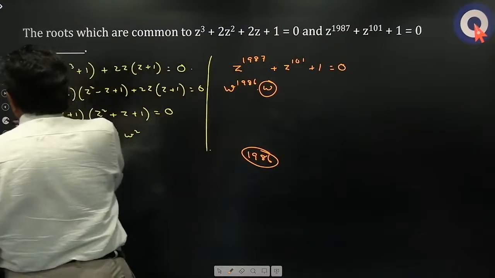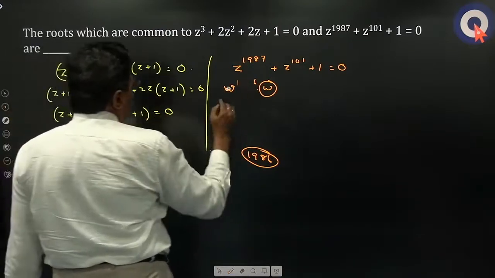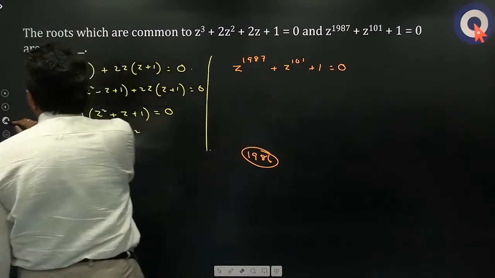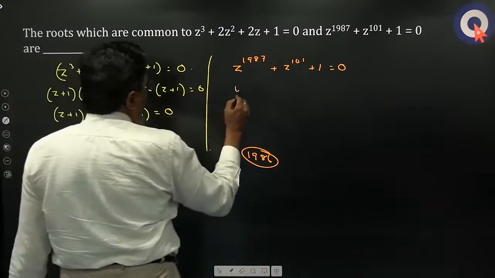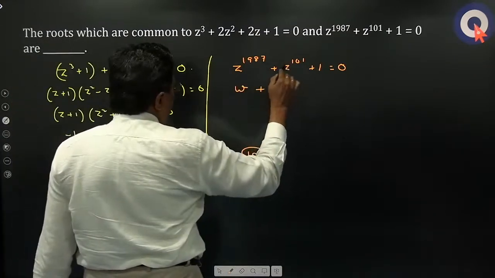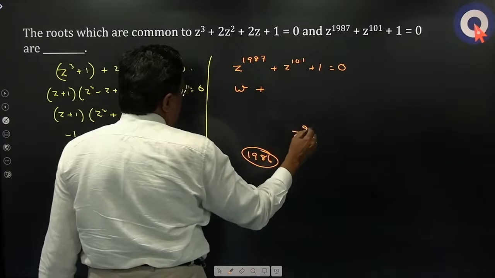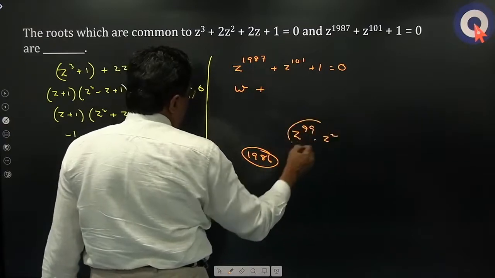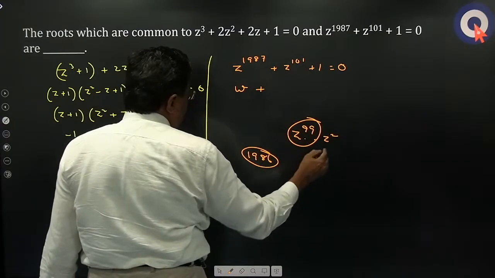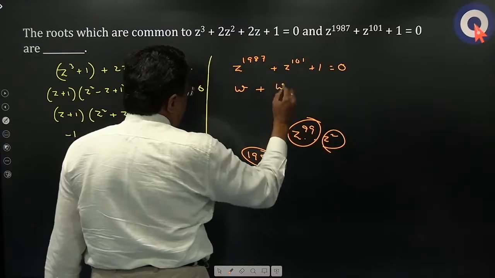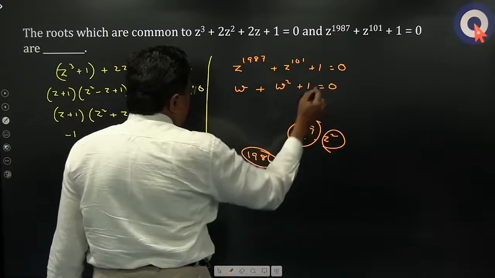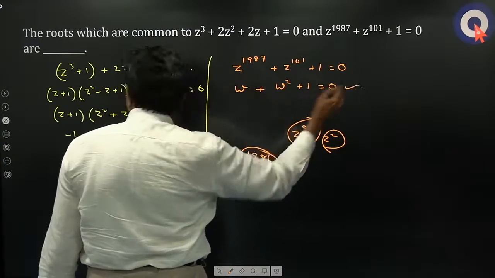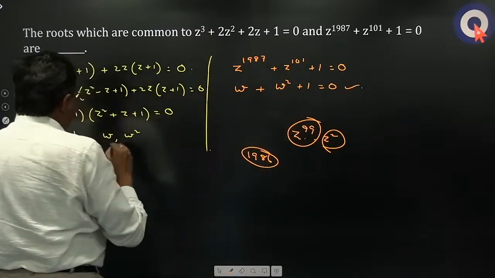I think I need not show this, so we can directly write omega here. Now here z power 99 into z square, this becomes omega power 99, this becomes 1, omega square will be there. So omega square plus 1, you see this becomes 0. So that means omega is a root.